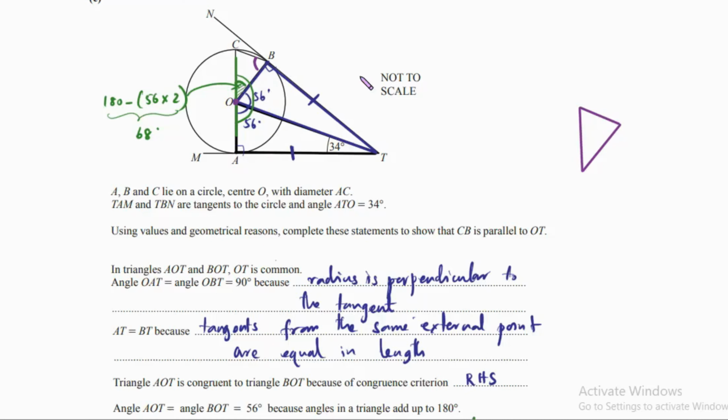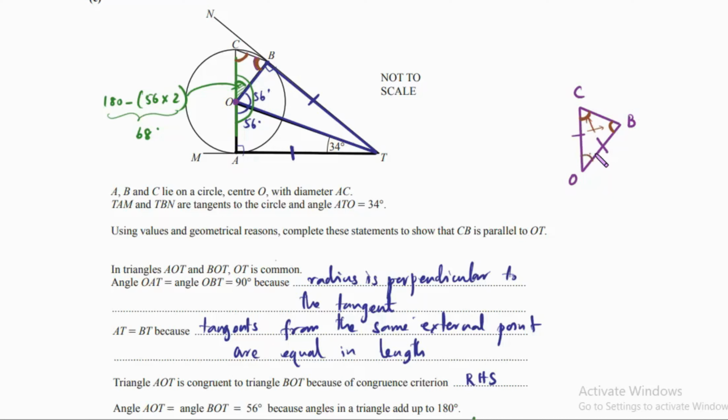So those radii will be equal in length. Due to this reason, triangle OBC is an isosceles triangle. In an isosceles triangle, like I mentioned previously, the angles opposite to the equal sides will be equal. We call them the base angles. They will be equal, which means this angle and this angle will be equal to each other.